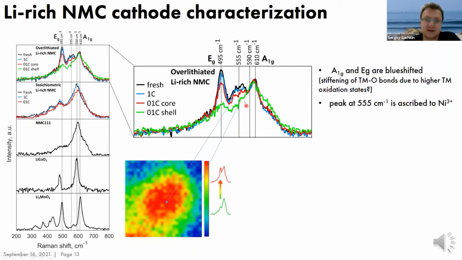While in the non-active case, except for the blue shift, there is an additional peak in the middle, which is ascribed to the presence of nickel 3+, and there is a highly intense Eg peak, which we have not explained yet. But the intensity of Eg after activation dropped a lot, and this nickel 3+ attributed peak has vanished.